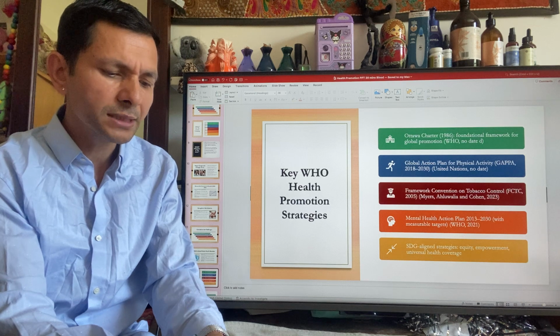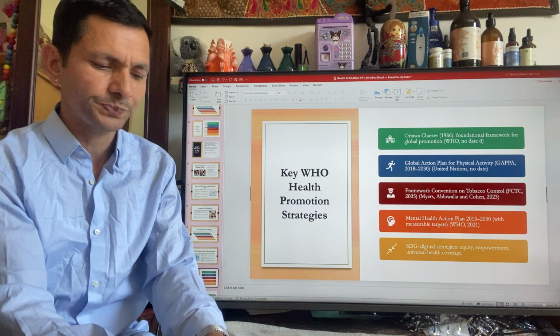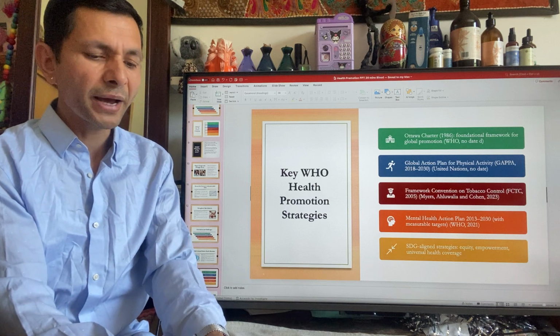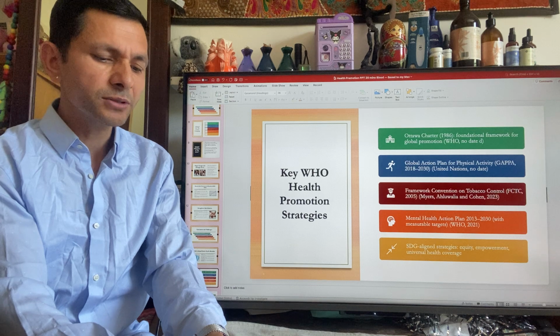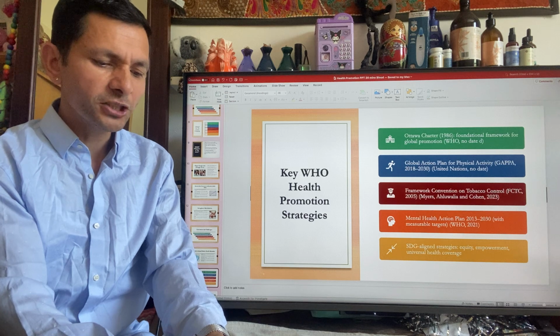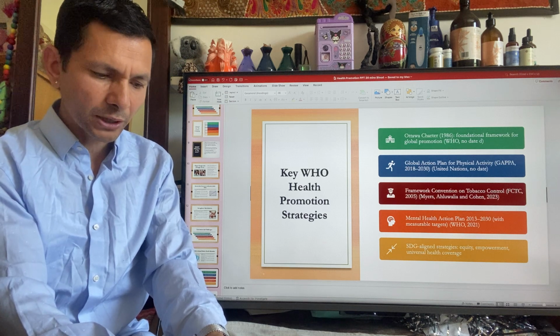More recently, the Global Action Plan on physical activity provides a roadmap for reducing inactivity by 2030. The Framework Convention on Tobacco Control is another major success, an internationally binding treaty tackling tobacco use.